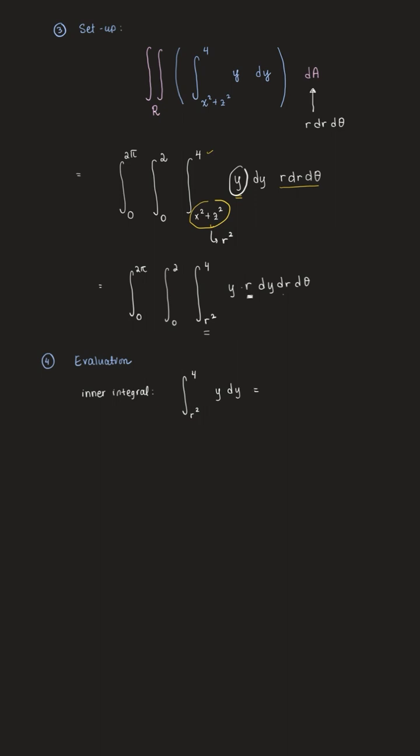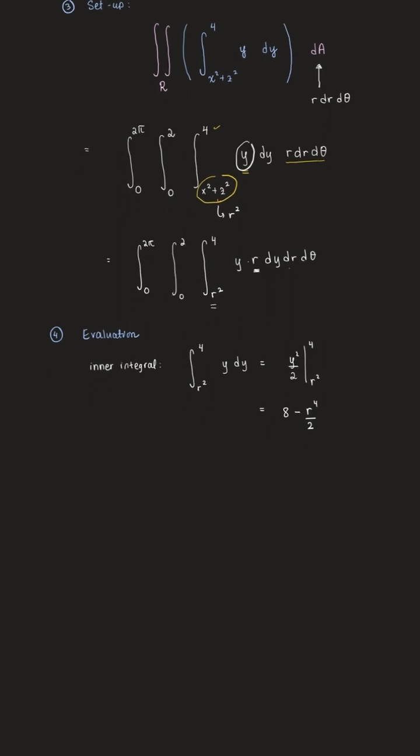So this is going to become y squared over 2 from r squared to 4, and that gives us 16 over 2 is 8, so 8 minus r to the 4th over 2. Okay, now we go to our middle integral, and now let's not forget that r from our dA.